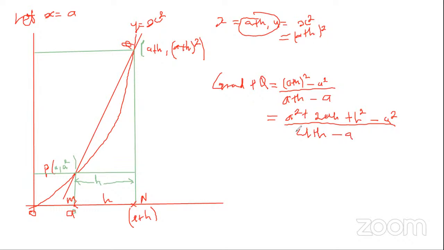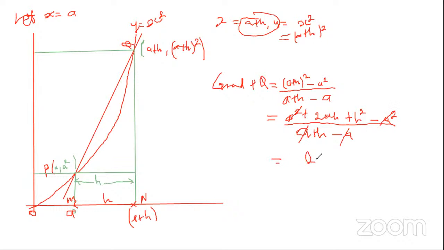So we can notice in the denominator that a positive a minus a would give us 0, and here a squared is positive and the other a squared is negative.